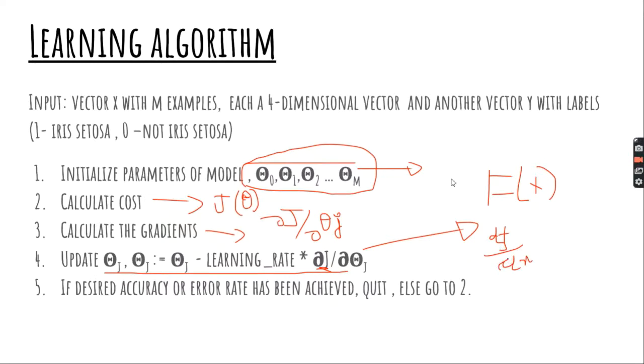Once we do all this, we check for accuracy. Actually, it's not compulsory to have accuracy. You can have a bunch of other metrics to test as well, but essentially we have something here. Let's just call that a metric m, which can be accuracy or a bunch of other things. I won't go into that.